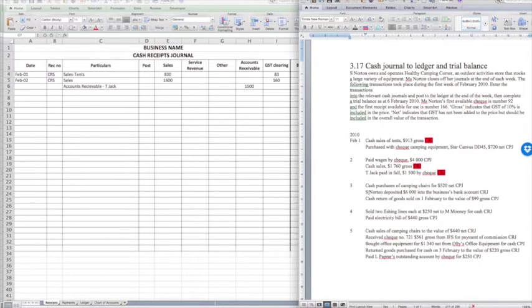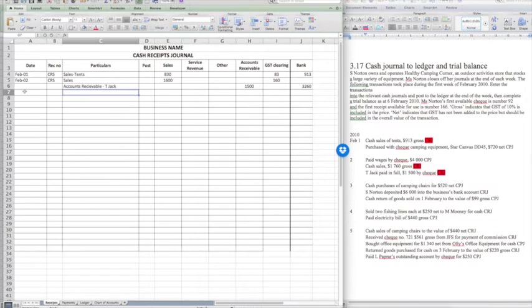Next one down, S. Norton, so she's our business owner. So this is a capital transaction. Pop in our date. If we look across the top here, we don't have any account specifically for capital, so this will go into our other account.